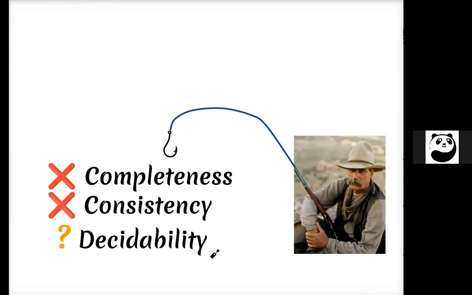So today we're going to go over the third property, which is decidability. And again, decidability is a property of algorithms or machines or proofs, basically. Generally, I don't like to use the word proof because algorithms or machines is in fact a generalization of the classical concept of mathematical proof.